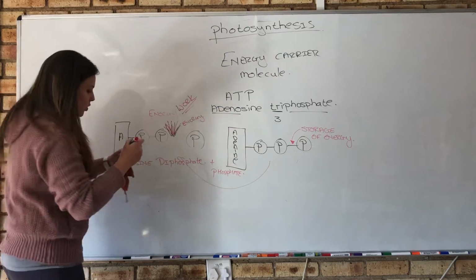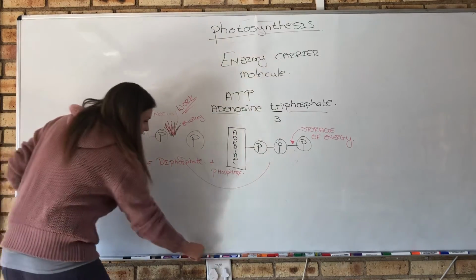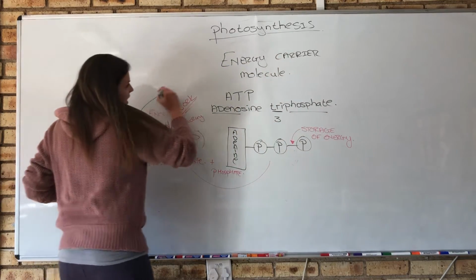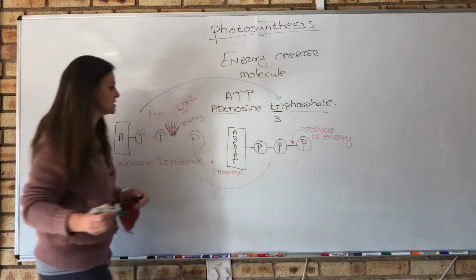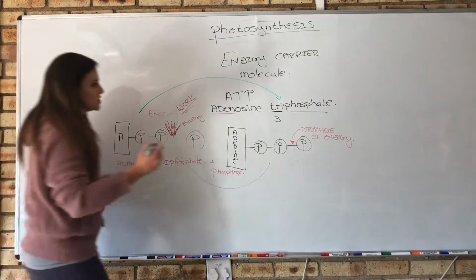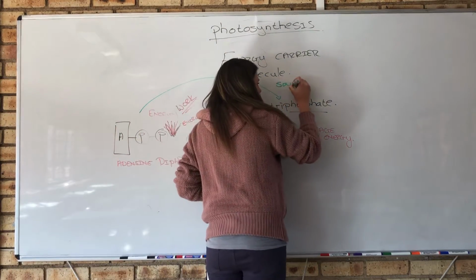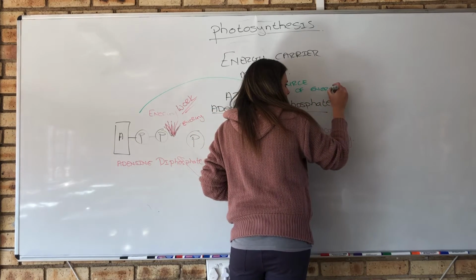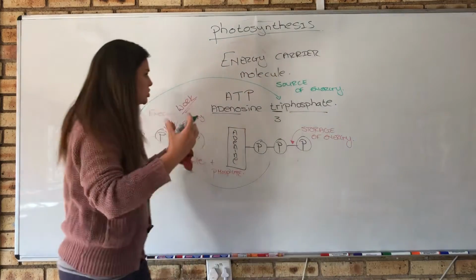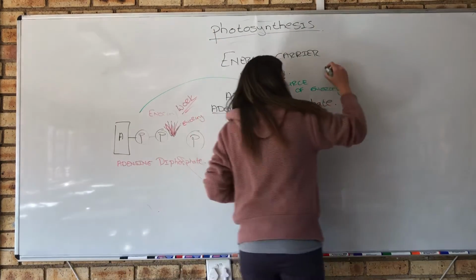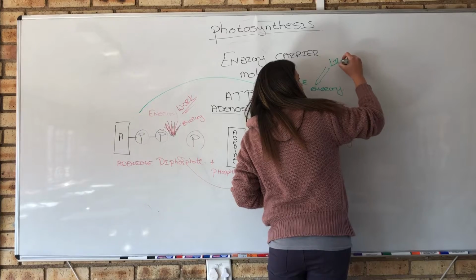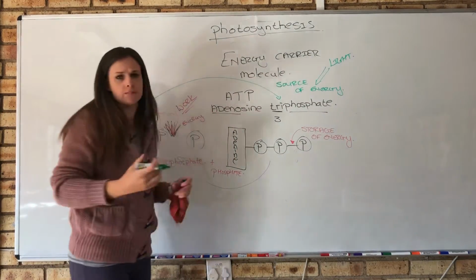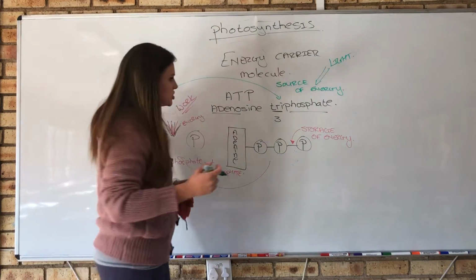Then we can take this adenosine diphosphate plus its phosphate, and it can be converted back into adenosine triphosphate using a source of energy. In the case of photosynthesis, that source of energy is going to be a little bit of light. In photosynthesis, we don't use too much. We're not able to make a lot of ATP like this, but enough for the process to happen.